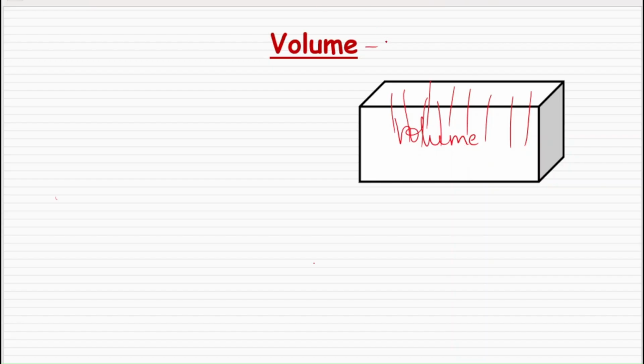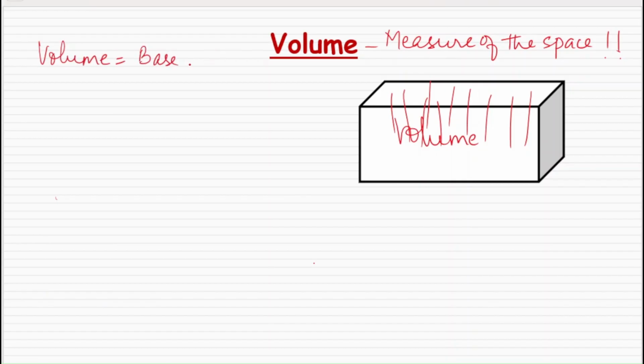So volume is actually the measure of the space inside the box. How much space the box holds, that is the volume. So the volume formula of any prism is always base area times height.